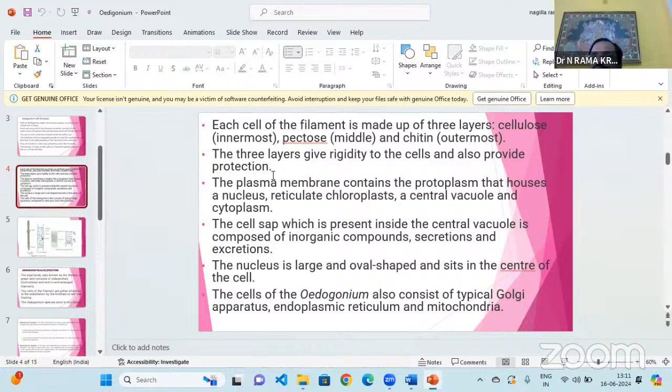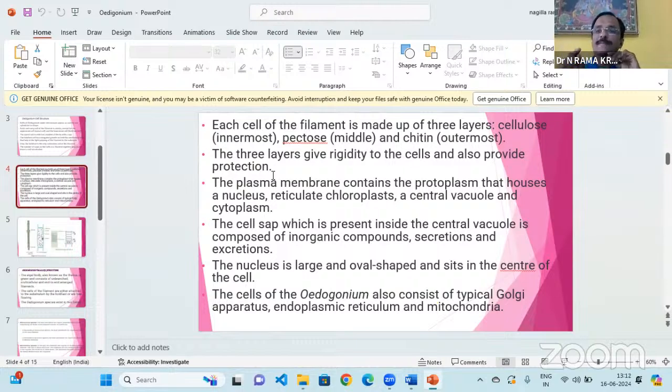After the cell wall, we are looking at one special type of structure in all the cells. That is the plasma membrane, below the cell wall. Here, the plasma membrane contains protoplasm, and the protoplasm houses a nucleus.